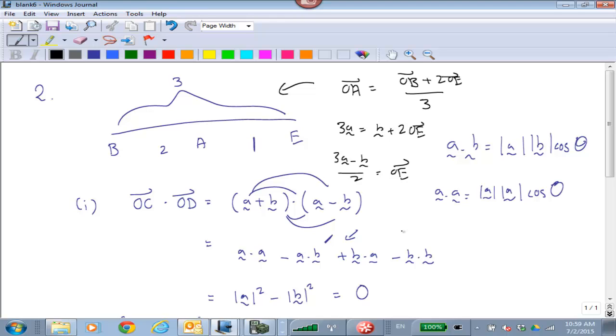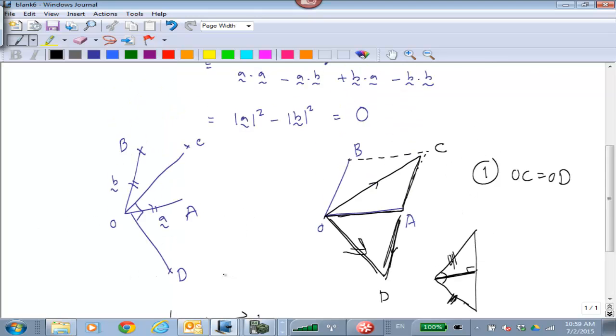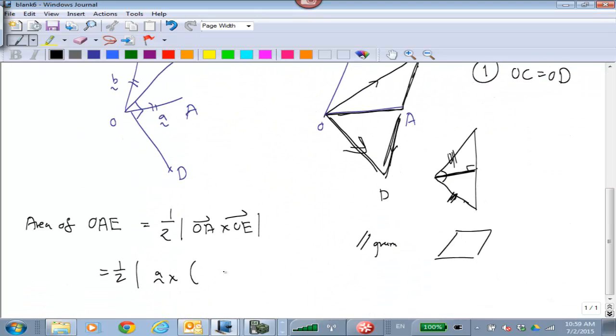Is it correct? 3A minus B divided by 2. Awkward silence, I will have to check. Okay, so this is how we do it. Half A cross, what's the answer? 3A minus B divided by 2.